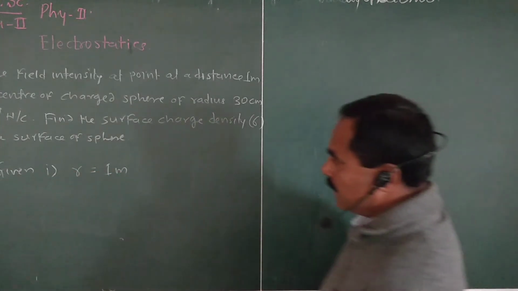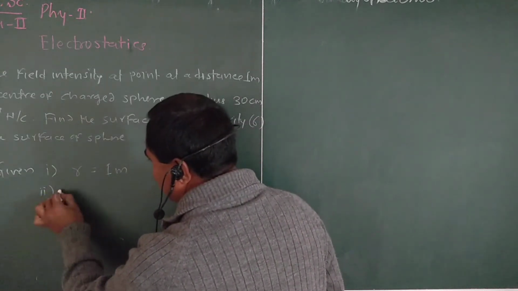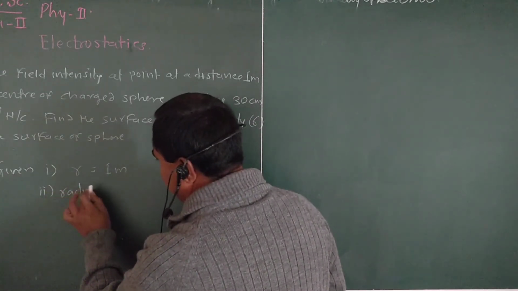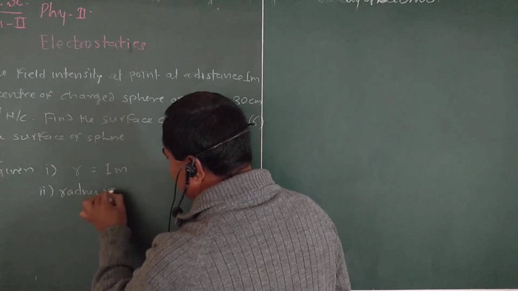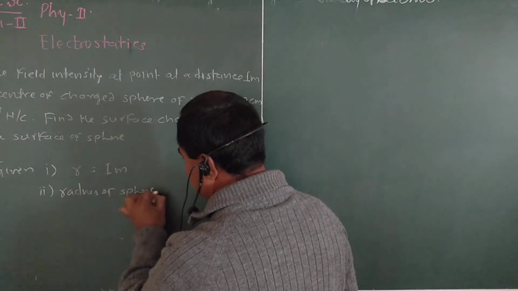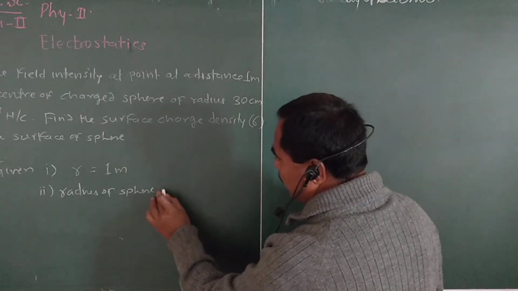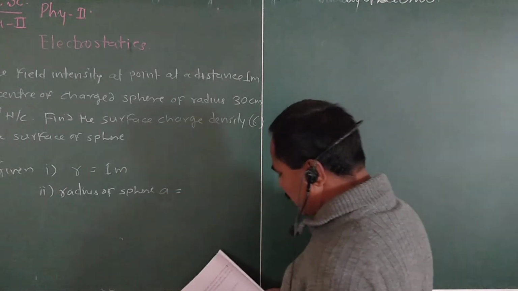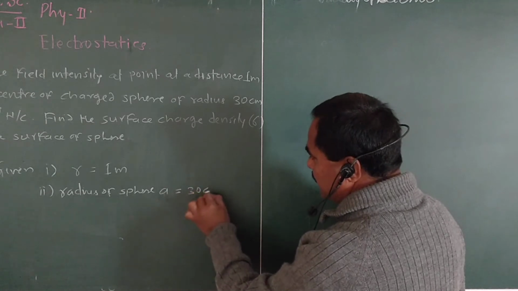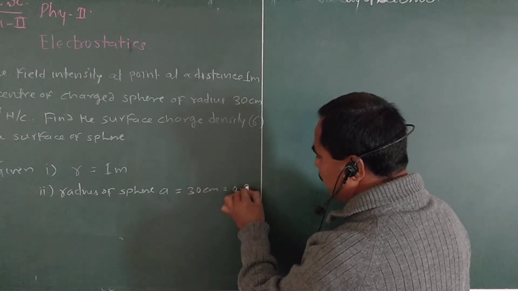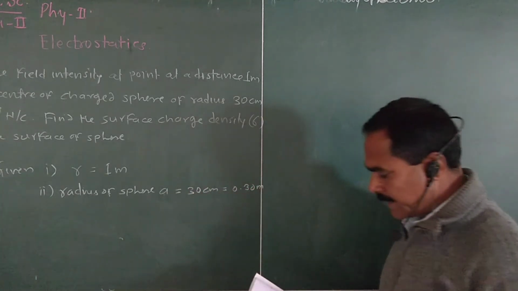Then second, radius of sphere, take that radius by letter a, equal to 30 centimeter equal to 0.30 meter, right?